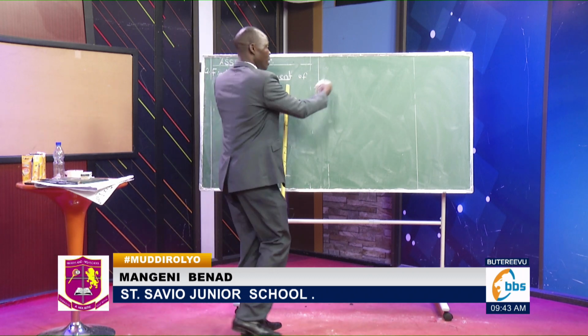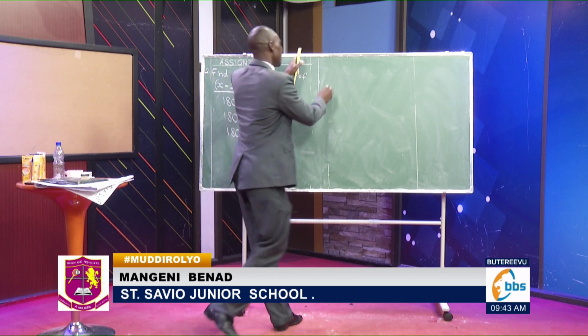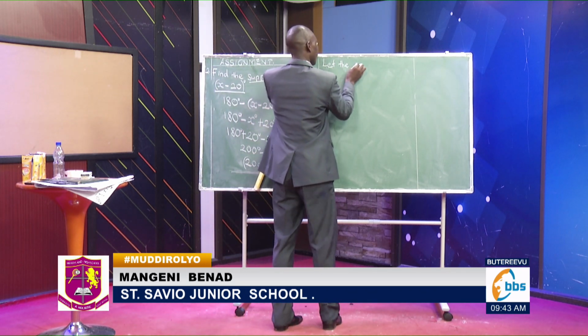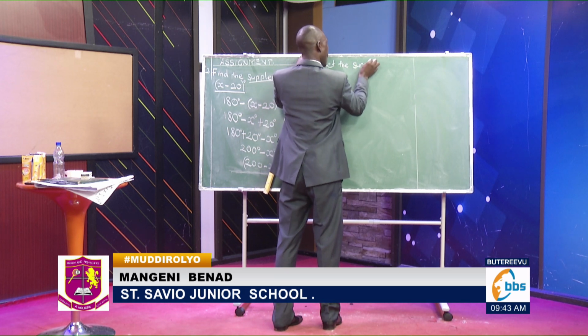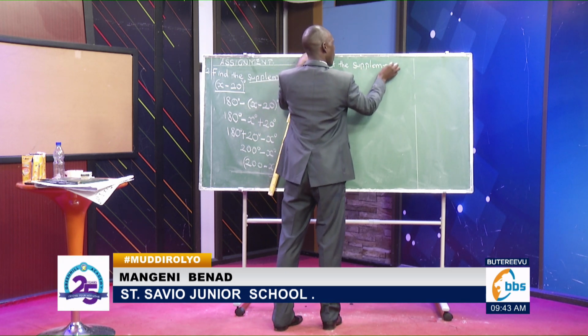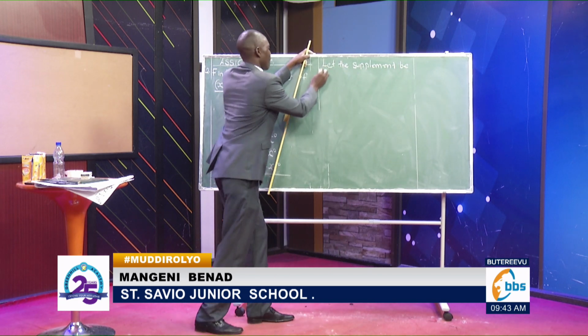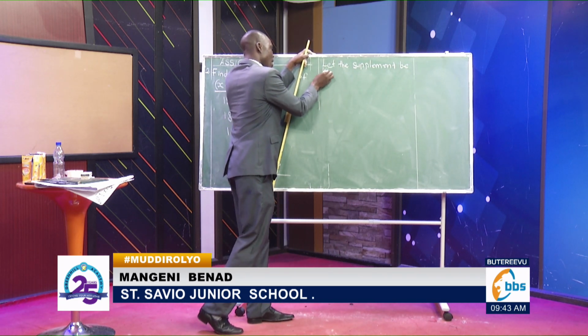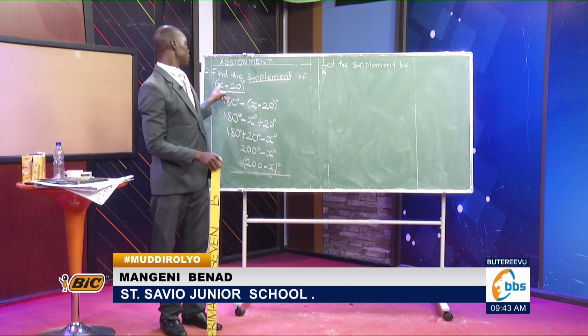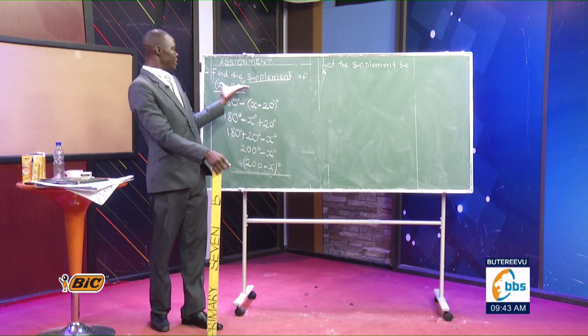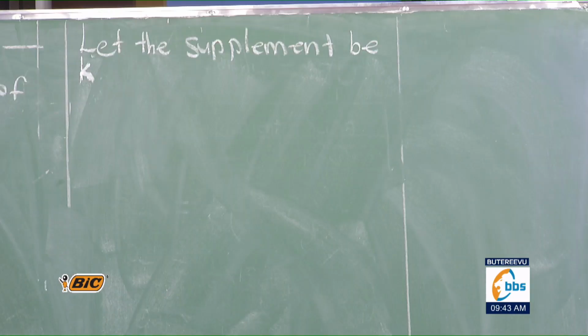So you can come up with your table, or you can say, let the supplement be k. I've used the k because x is already used here. So when you get that supplement plus this angle, you will obviously get 180 degrees.